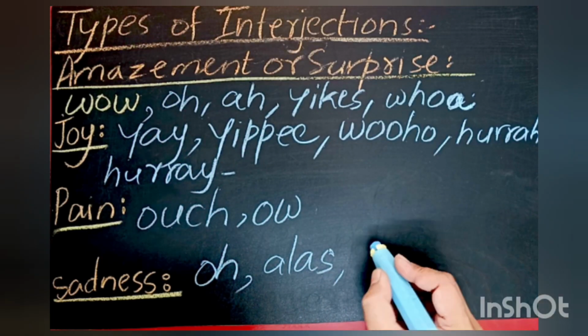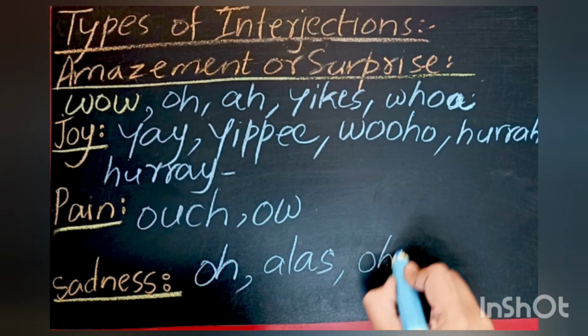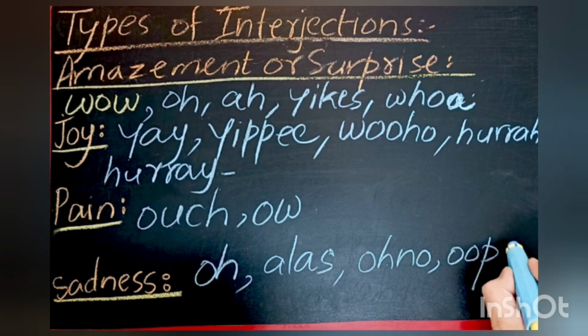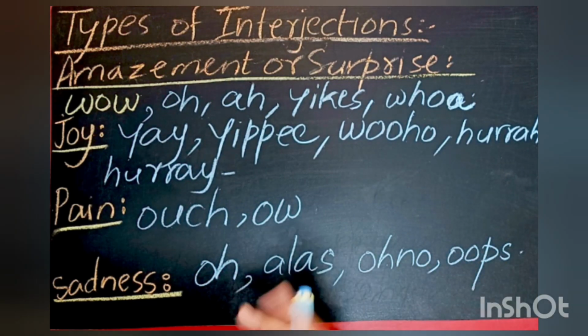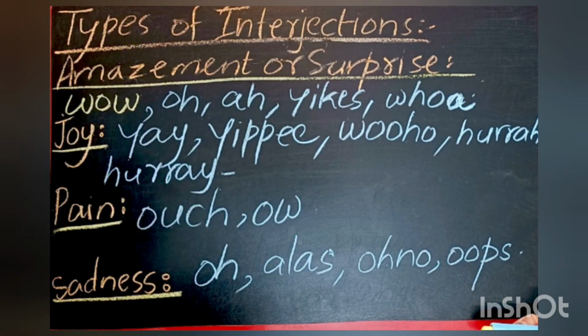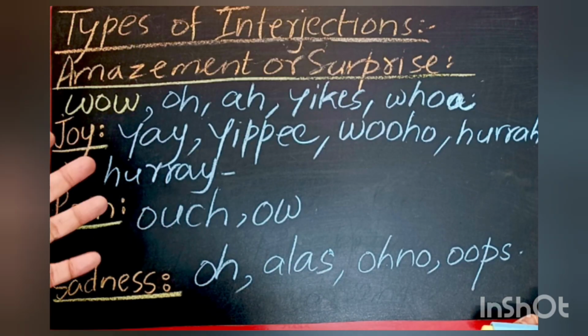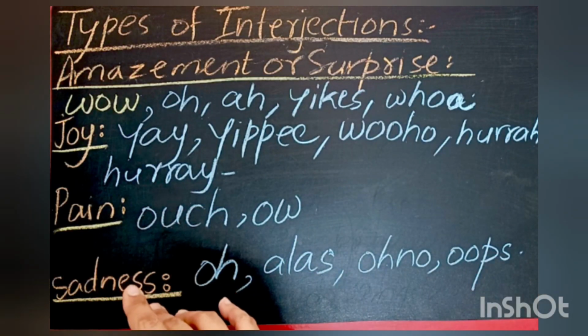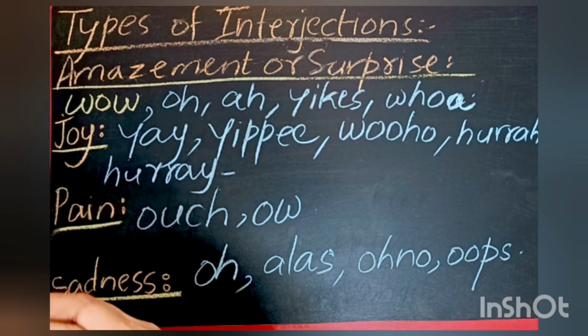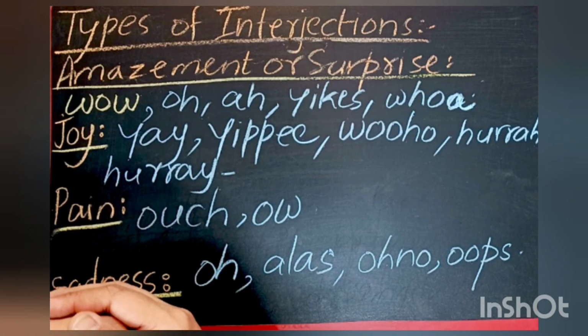Oh no! Or sometimes we use oops. All right, let us do the types of interjections separately to understand them thoroughly so that we can use them while speaking or writing.